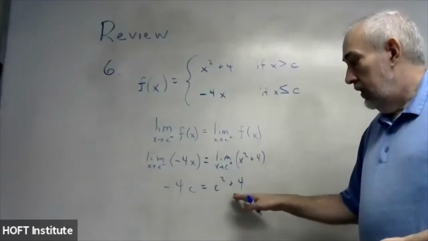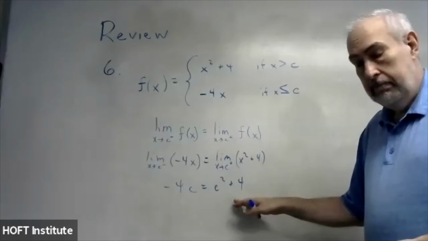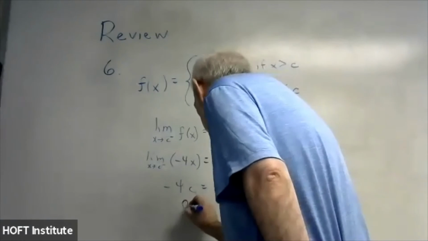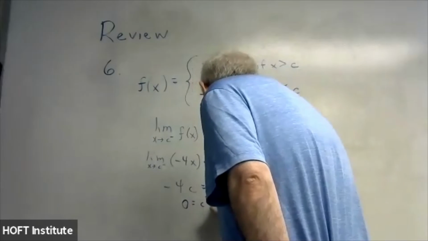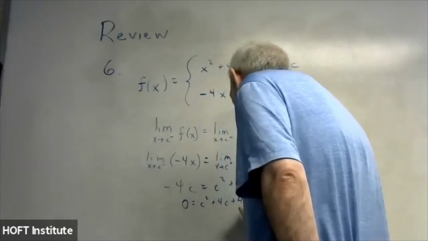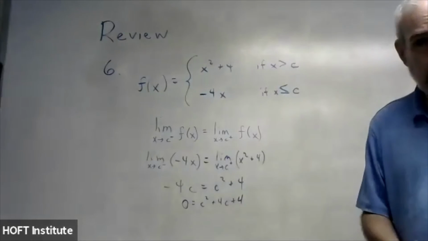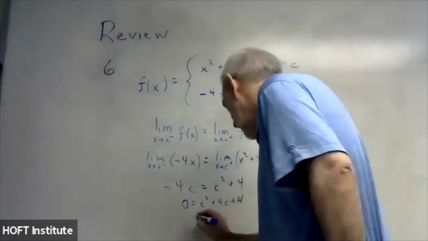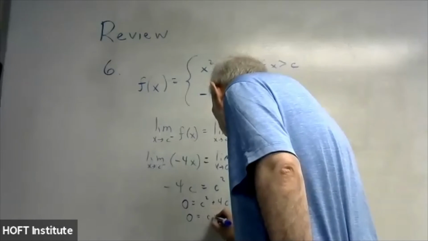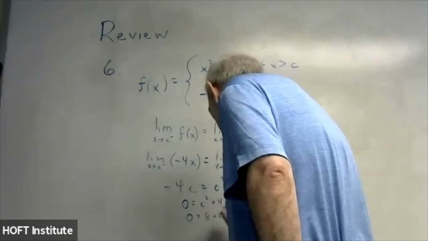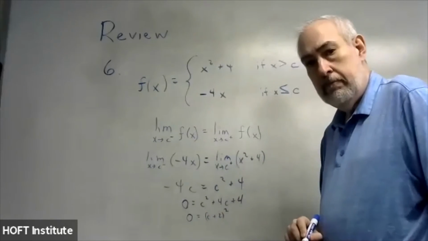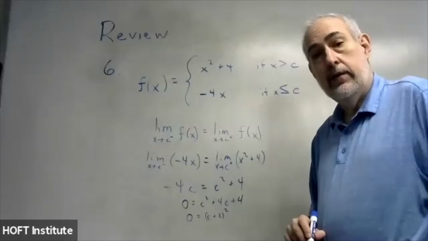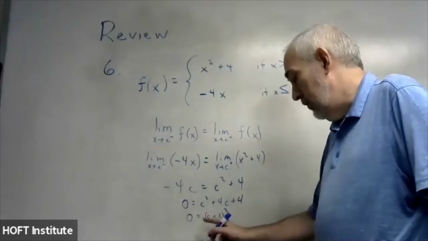So continuing to solve this equation for c, since this is a quadratic equation, get everything onto one side, and then either factor or use the quadratic formula. Well, this is pretty easy to factor. It factors into c plus 2 in parentheses squared. Therefore, c equals -2, because then you'd have 0 equals 0.